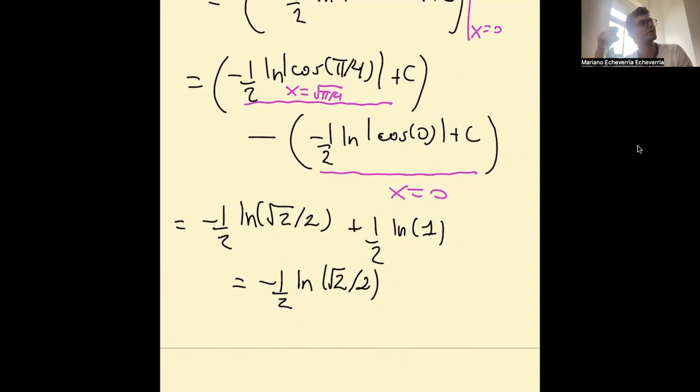So it's not too crucial to simplify this further. It could be rewritten a little bit, but it's okay to leave it as it is. But for ln of 1, I do expect you to use the fact that this is 0.